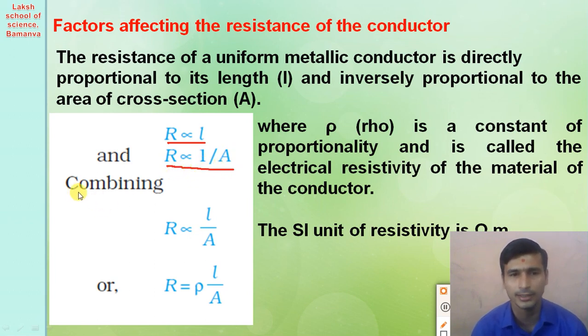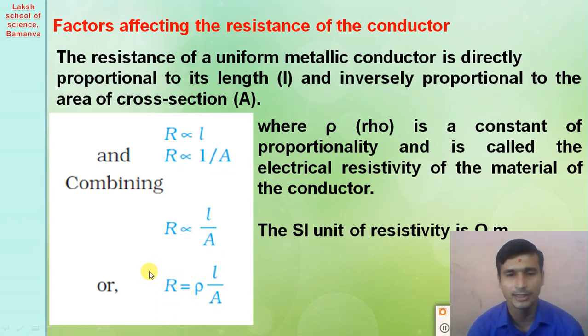If we combine these two, we get that the resistance of the conductor is directly proportional to the length and inversely proportional to the cross section area of the conductor. To remove this proportionality, we require one constant, and we place a constant, that is rho. The constant is known as the resistivity of the conductor.